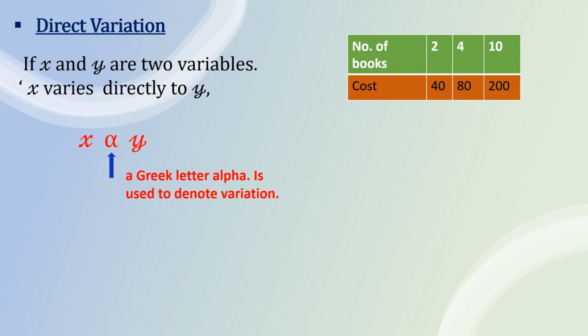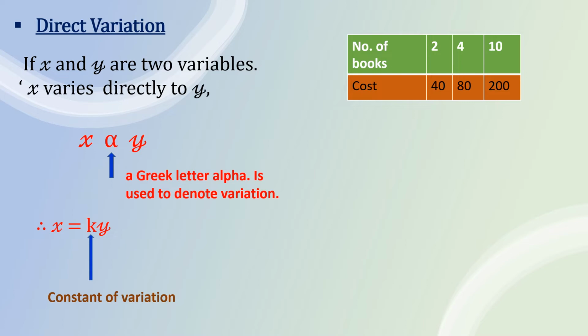Now to solve the sums, I'll replace the symbol alpha, that is the varies sign, by the equal to sign. When we replace this varies sign by equal to sign, it will be written as X equal to K into Y. Now what is this K? This K is known as constant of variation.